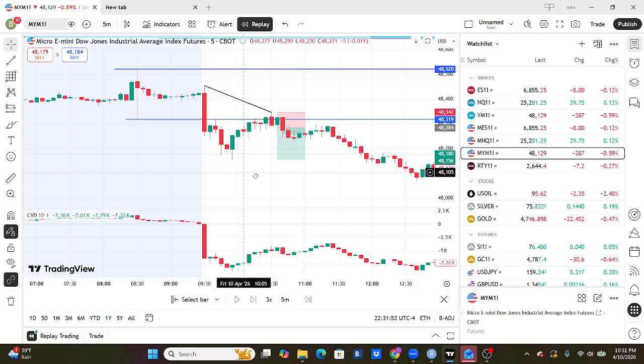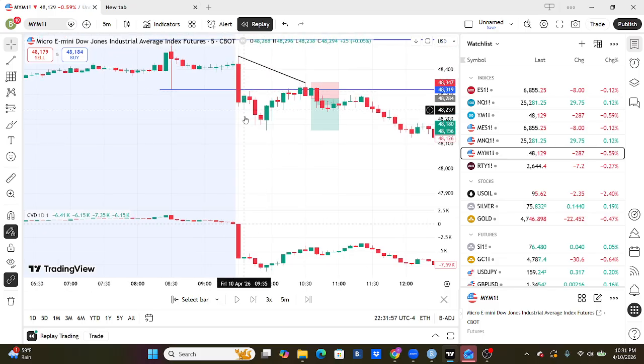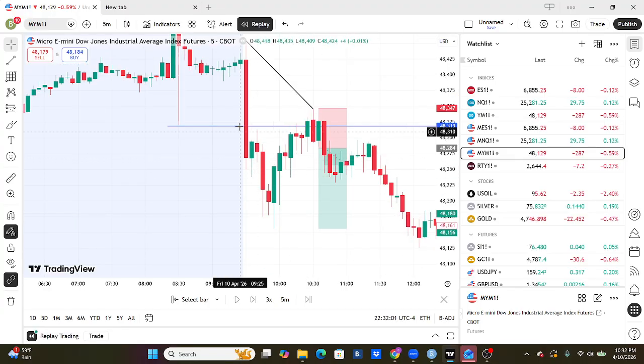Not really any divergences here, but we can see a reaction at this level. And just from price action, we don't even need this. I can tell you price is accepting below and it's creating another CISD below this block.